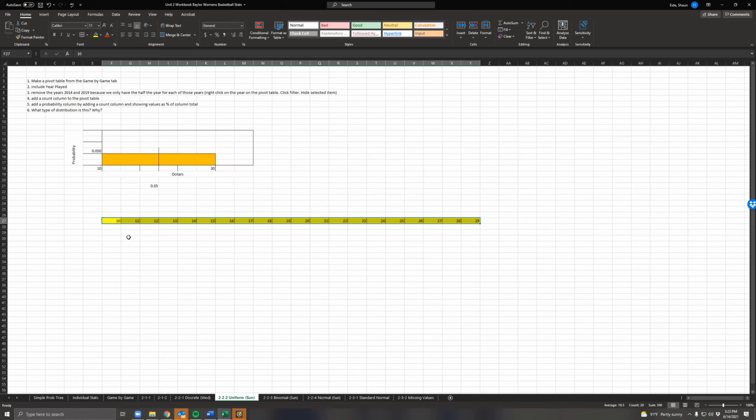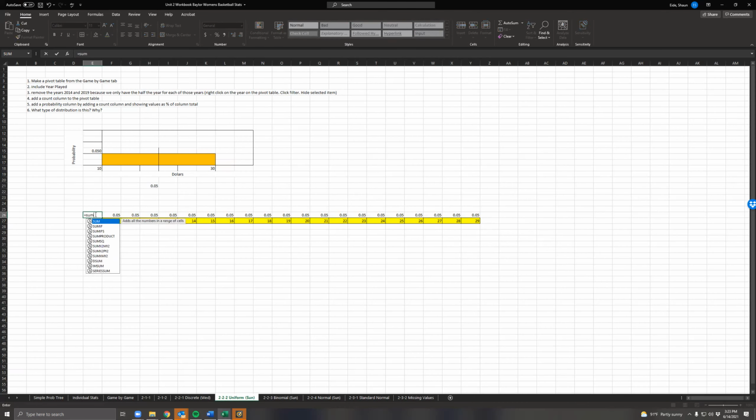And so the probability of it being in any one of these individual chunks is 0.05. And then you just bring it all the way down, and then you add it all up, equals sum. And it'll add up to 1. Okay, how are you guys feeling about that?